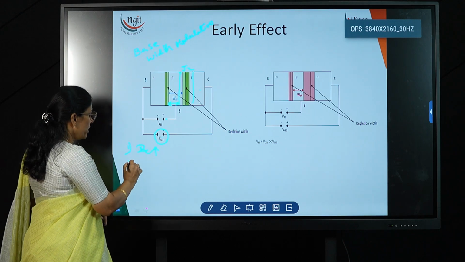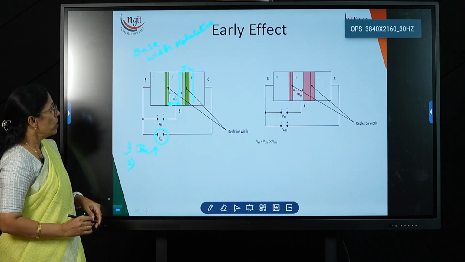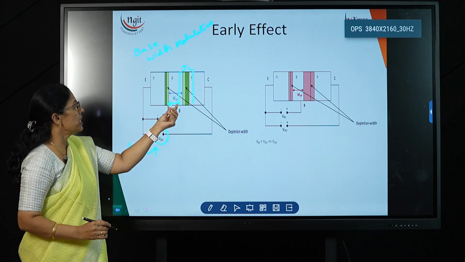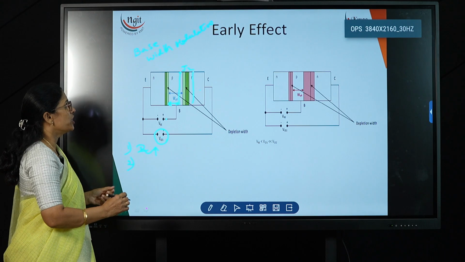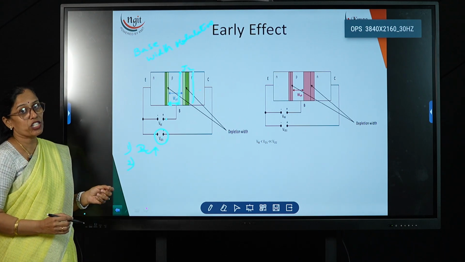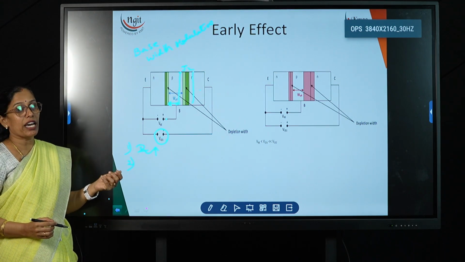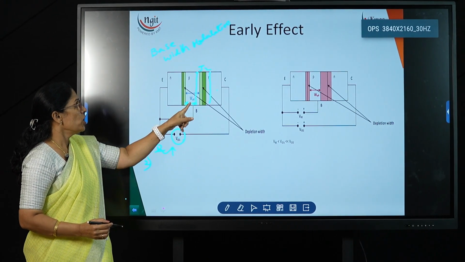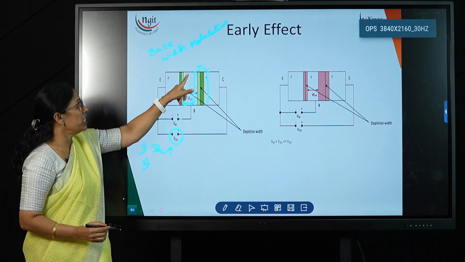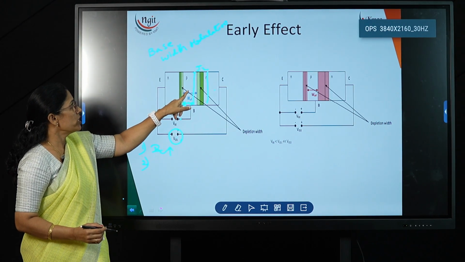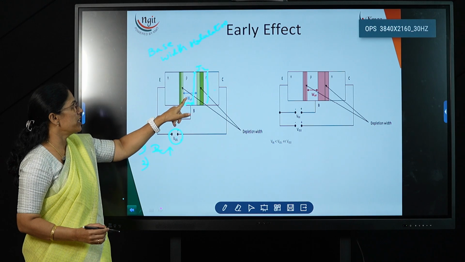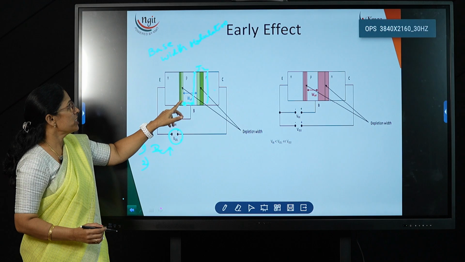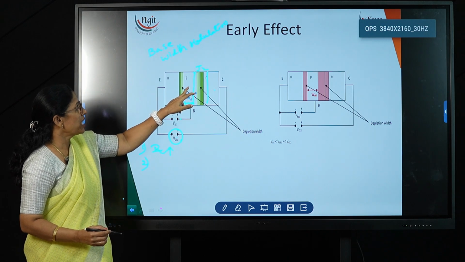This is the first point. The second point: when the base depletion width is increasing, the effective width of the base is reducing, so a concentration gradient, a charge carrier gradient, takes place. In the emitter the majority charge carriers are electrons, but in the base the majority charge carriers are holes and the minority charge carriers are electrons.